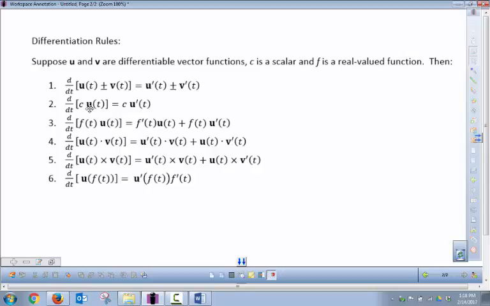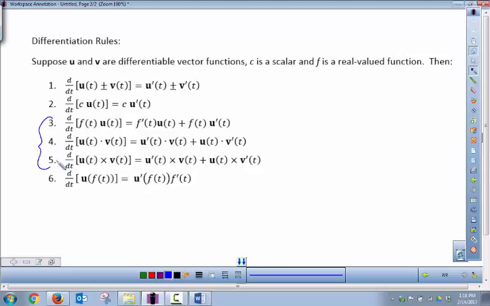If we have a constant times a function, the derivative of that is just taking the derivative of the function and multiplying it by the constant. The next three, number 3, 4, and 5, I don't want to say identical, but it mimics the product rule. But you have to know what the multiplication that's happening here is.